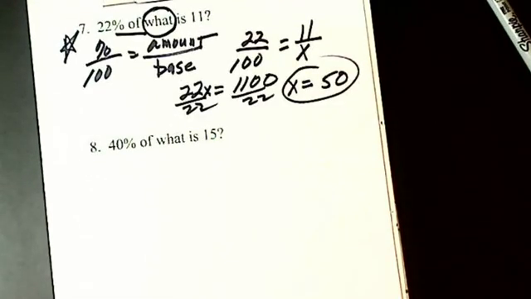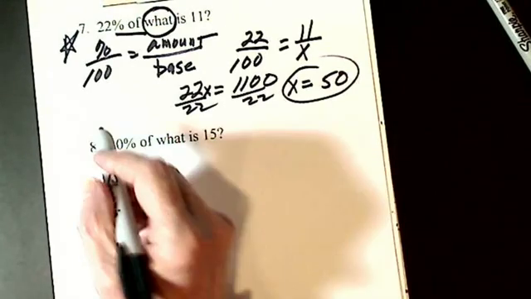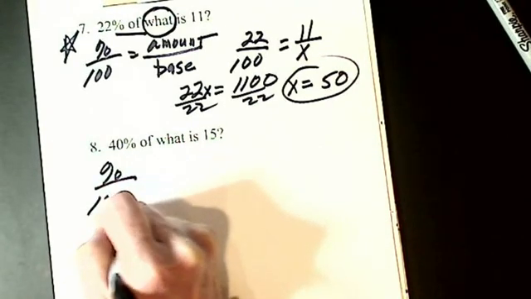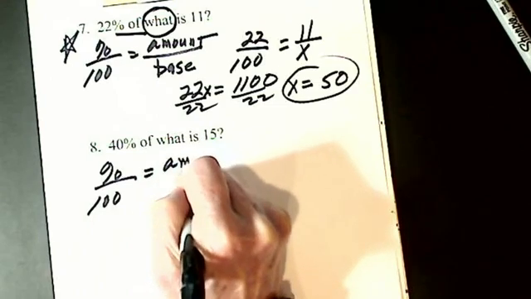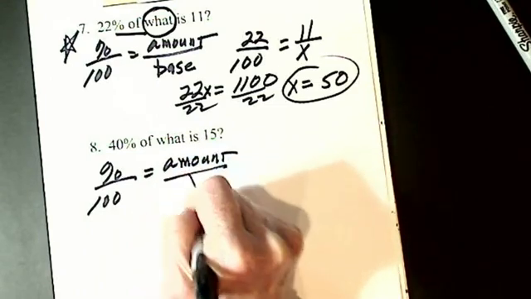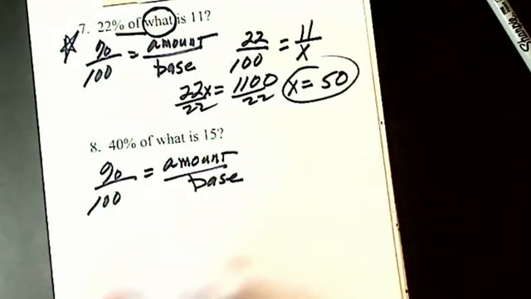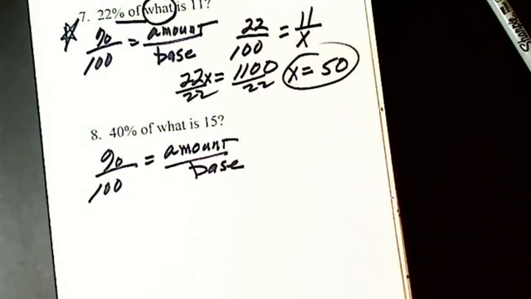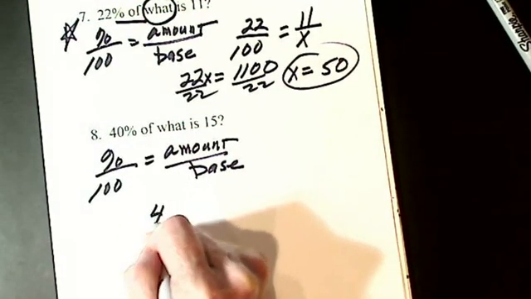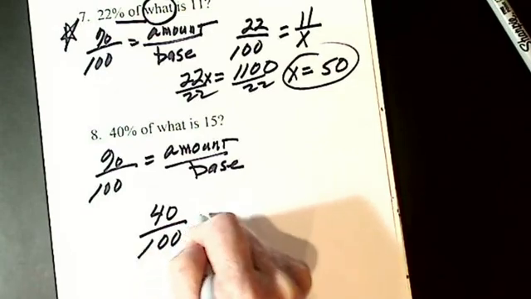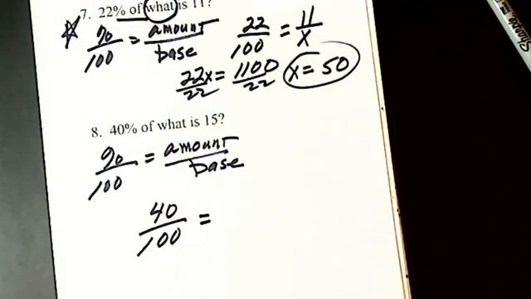All right, one more. 40% of what is 15? I write my formula down. Percent over 100 equals amount over base. Do I have a percent? Yes. So it's 40 over 100. Do I have a base?